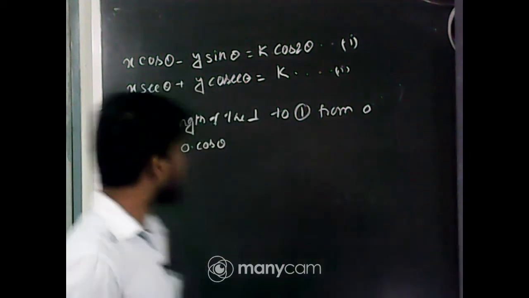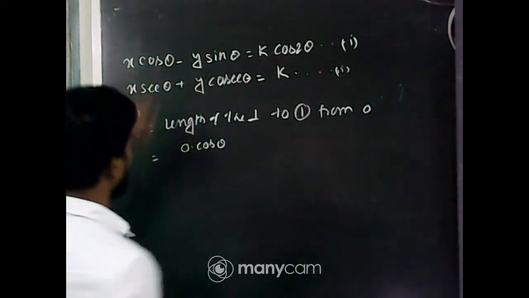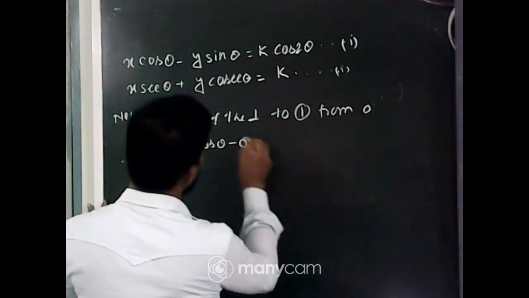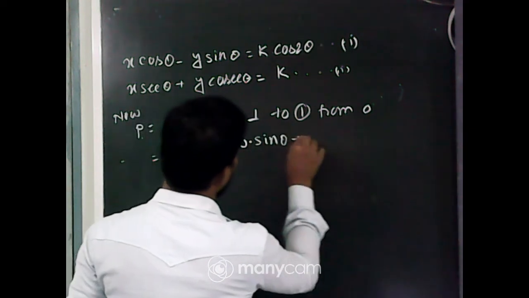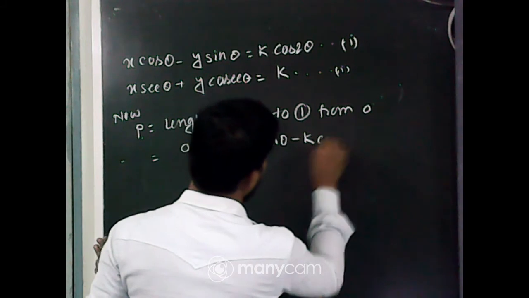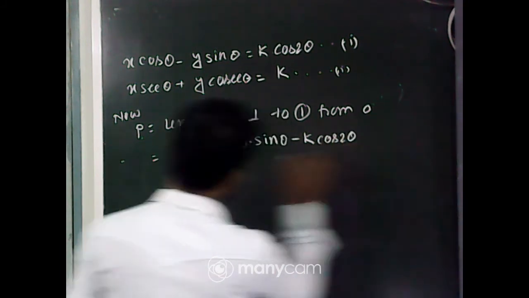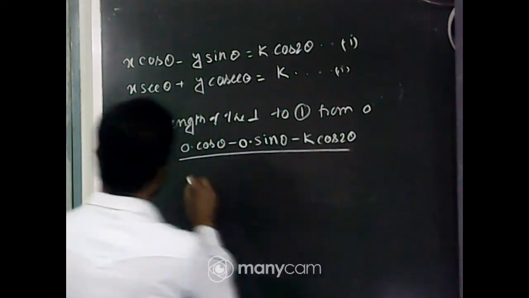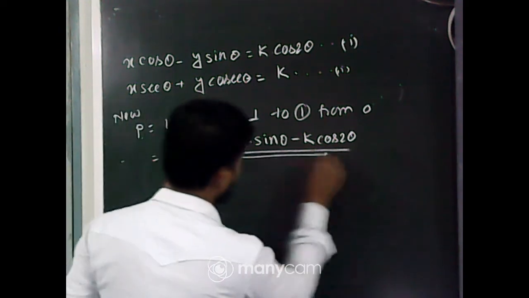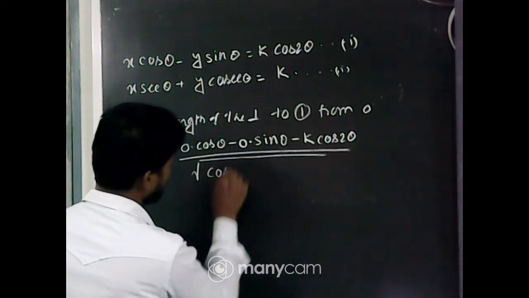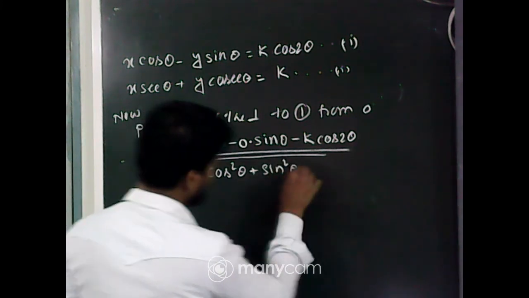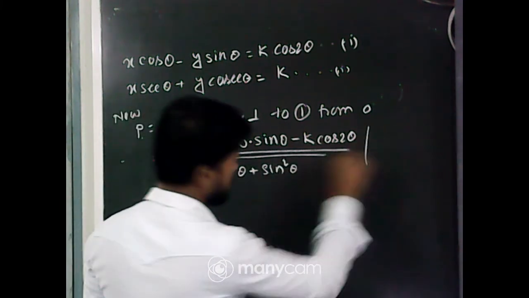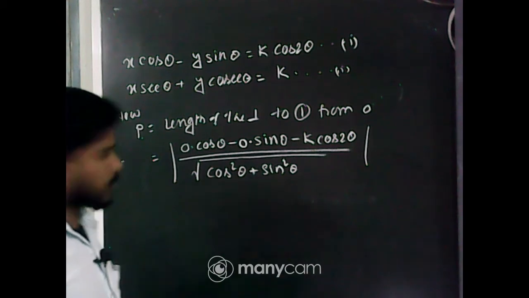Okay, so put the formula. So 0 into cos theta minus 0 into sin theta minus k cos 2 theta, divided by under root of cos square theta plus sin square theta, and mod of this. This is the value of p.